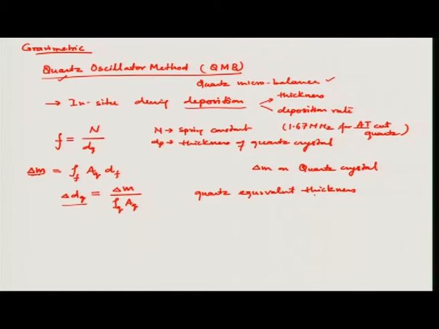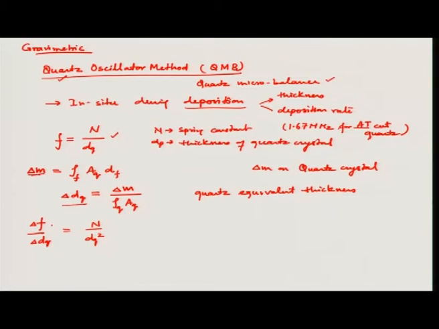So, we can use this, and from this expression we can get what would be the change in frequency with change in quartz crystal thickness, and this is N over dq square. And this will have a negative sign, because if thickness increases your frequency will decrease.